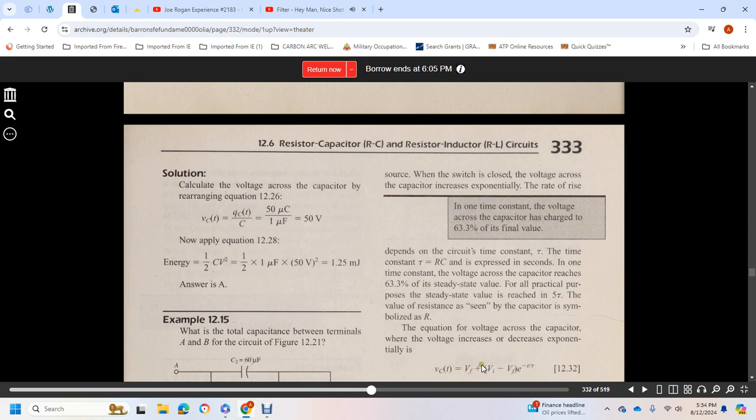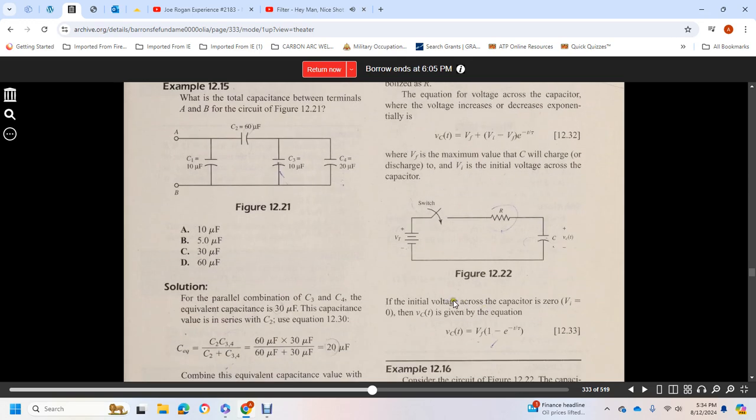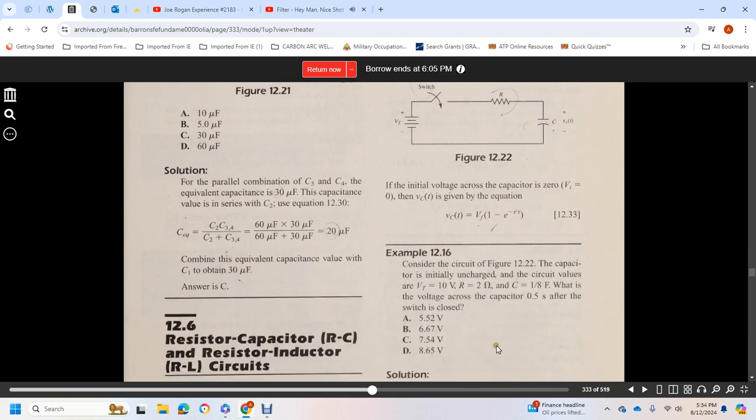The voltage across the capacitor as a function of time equals the final voltage, the maximum voltage of the capacitor when charged, plus the difference between the initial voltage across the capacitor and the final voltage, times e to the negative time over the time constant. The initial voltage across the capacitor is 0, so the voltage across the capacitor is given by the equation: v of t equals Vmax times one minus e to the negative t over tau.